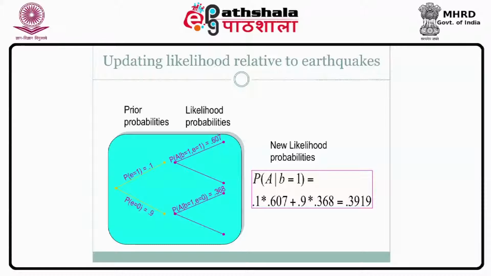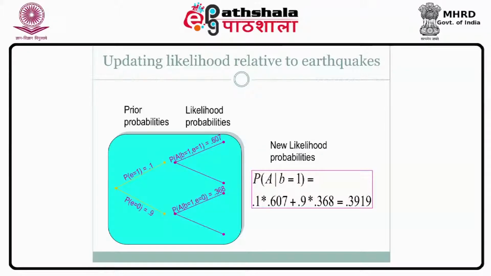When these two are combined, we get the probability of B equals 1 and A. So it is the joint probability that alarm rings and burglary occurs. So that comes out to be 0.3919.